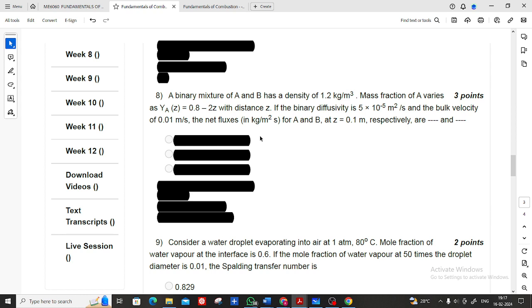From that we can calculate the mass net flux of the species A, and from that relation, minus DAB into dYA by dx equals minus DBA into dYB by dx.